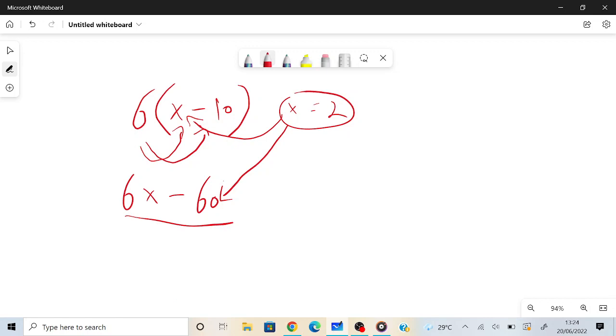So putting 2 over here, you have 2 minus 10, which is minus 8, and then 6 times minus 8 will give you minus 48. And then if you put 2 over here, you have 6 times 2, which is 12, minus 60, which is also minus 48. So you can see that the expansion is correct.